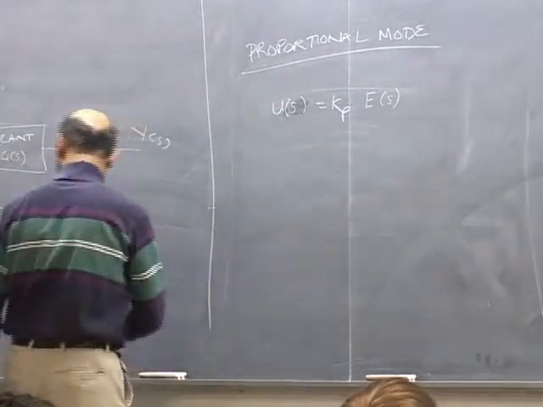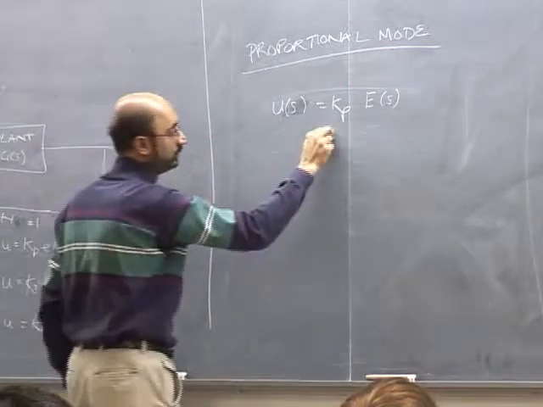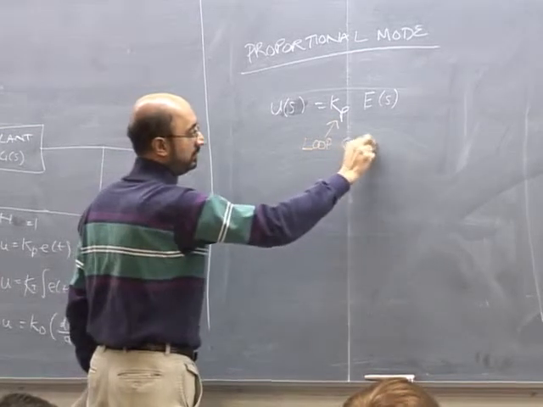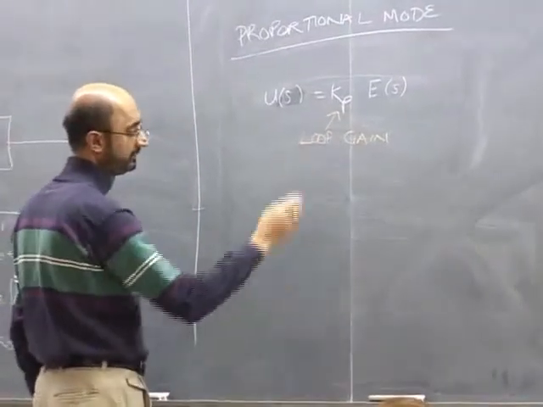I want to talk about two things. One is this is the loop gain, and the other thing I want to talk about is the droop.